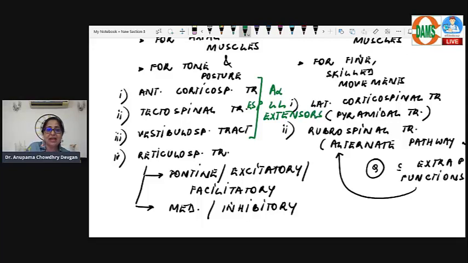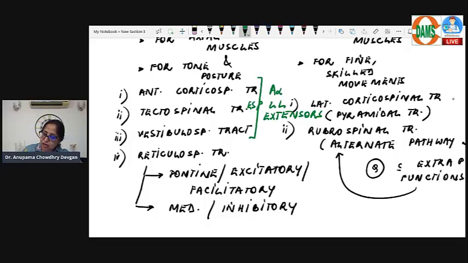Please understand, the lower limb extensors receive a much higher innervation from these tracts, because the extensors of the lower limb help you to stand straight. For example, the hip extensors and the knee extensors are involved in erect posture, right? So these are your A alpha, especially of the lower limb extensors.